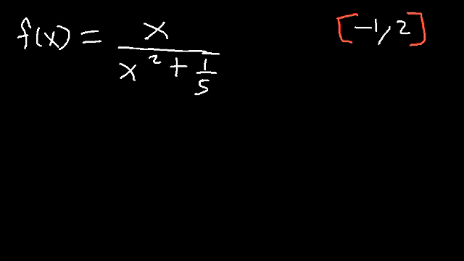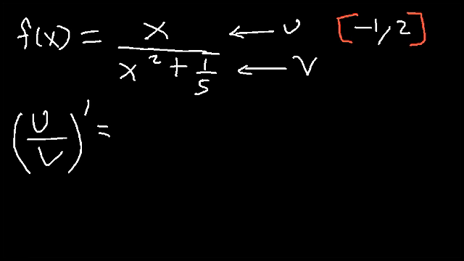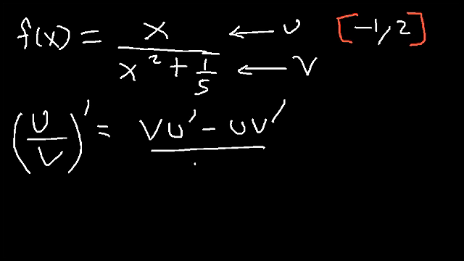So to find the first derivative, we need to use the quotient rule. Let's call the top function u and the bottom part v. So if you differentiate u divided by v, it's going to be v u prime minus u v prime over v squared.